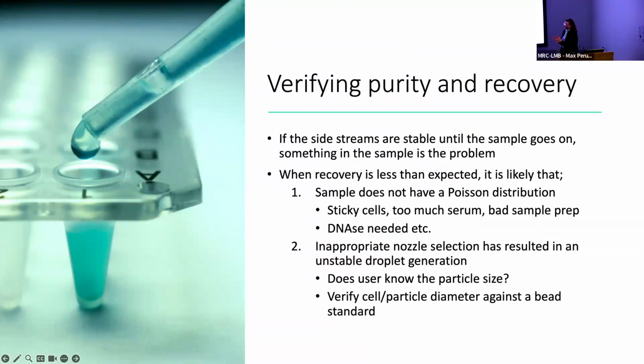It's also very important to verify anything that's very small on the other extreme end of things, because the smaller a particle is, the more likely you will get something called a swarming effect at the laser intercept point if you're sorting things too quickly.